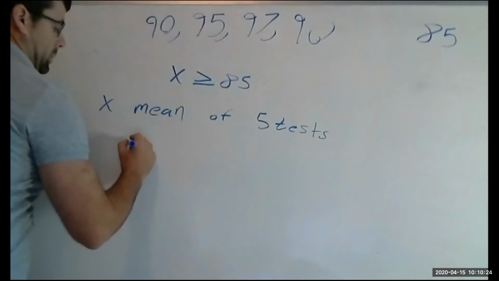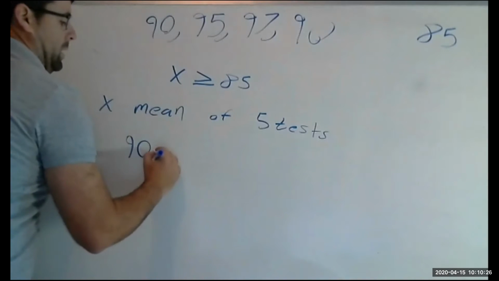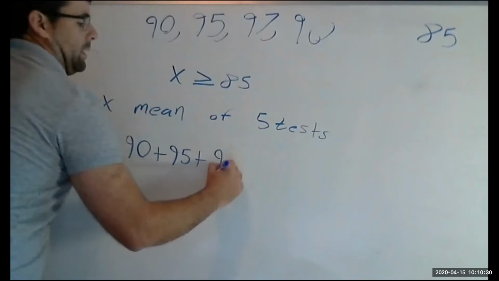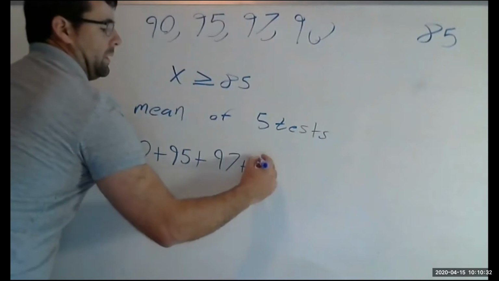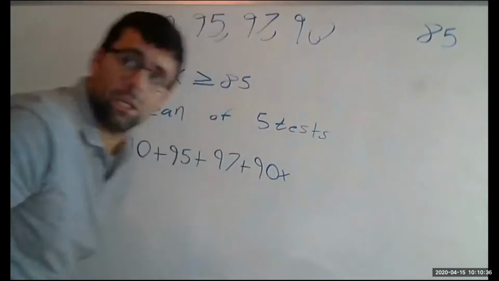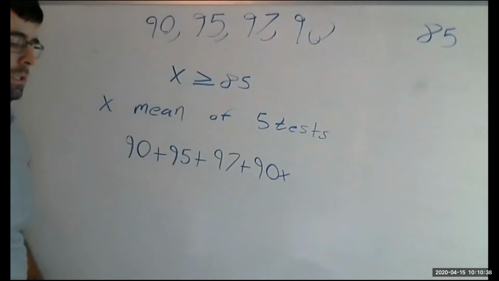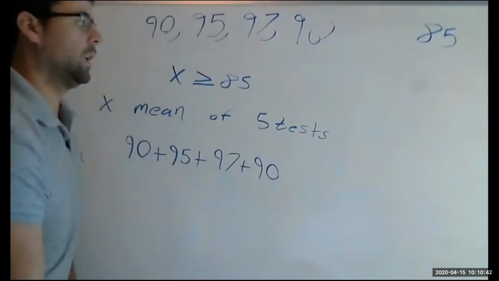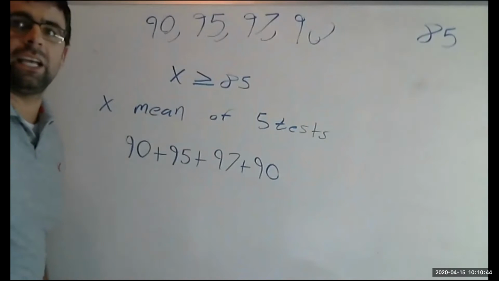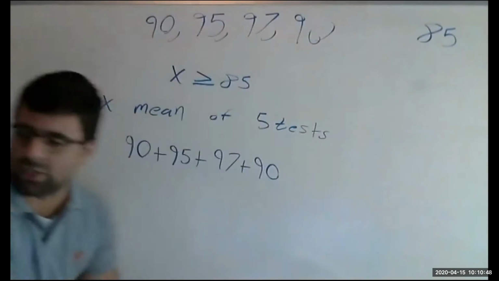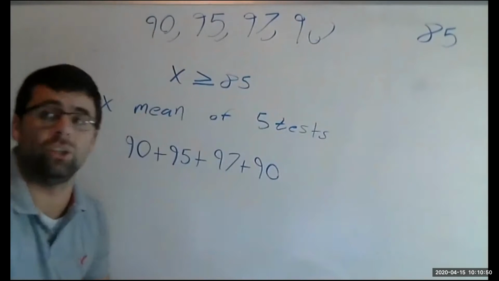So 90 plus 95 plus 97 plus 90 plus what? 85? No, because 85, remember, is not a score on a test. It is the required overall score that you need.